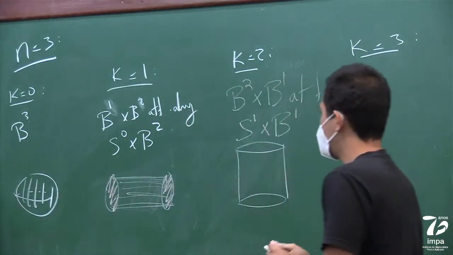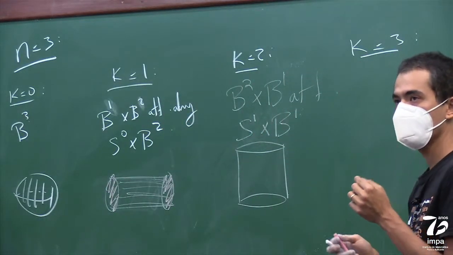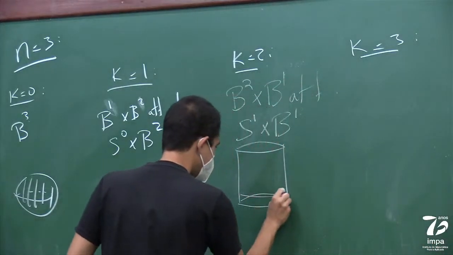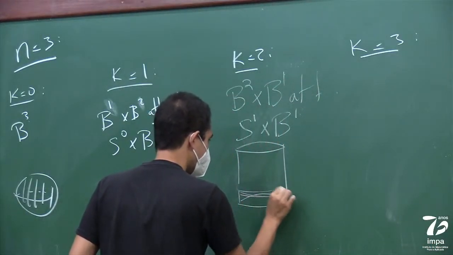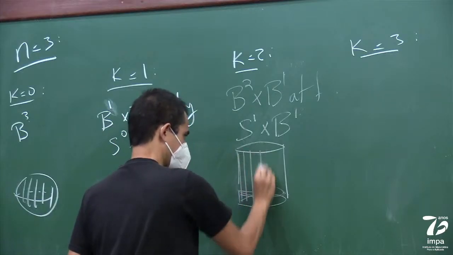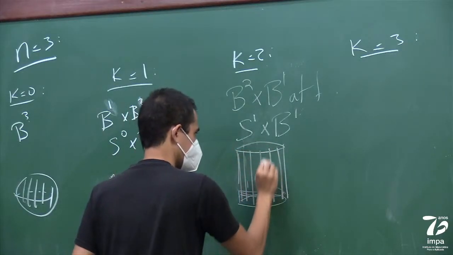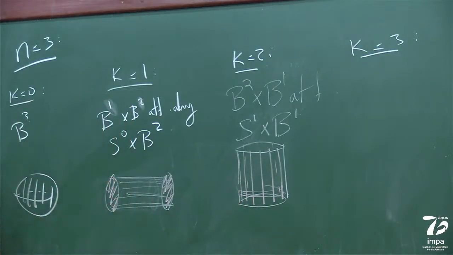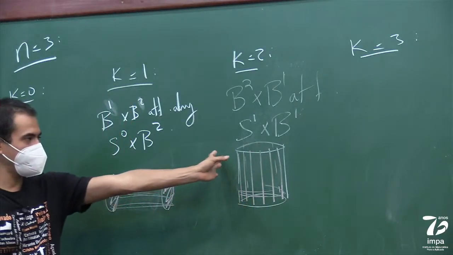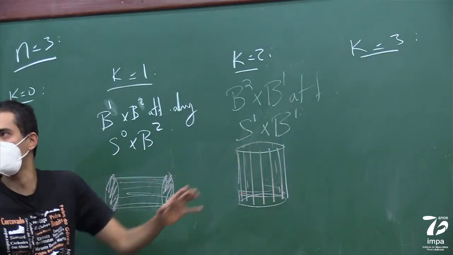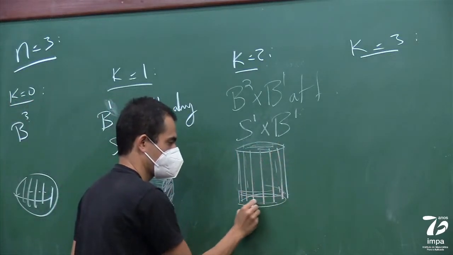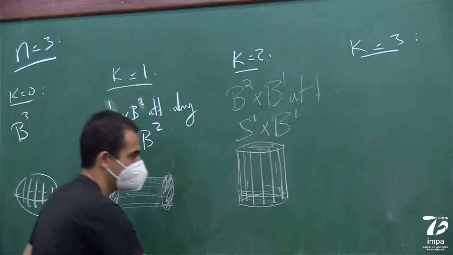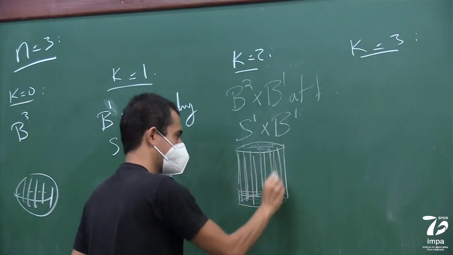I have a B2 times B1, but now my attaching set is this boundary here. So you see, it looks pretty similar. I could even take this cylinder and put it like this, horizontally. But you see that I'm attaching on different parts.